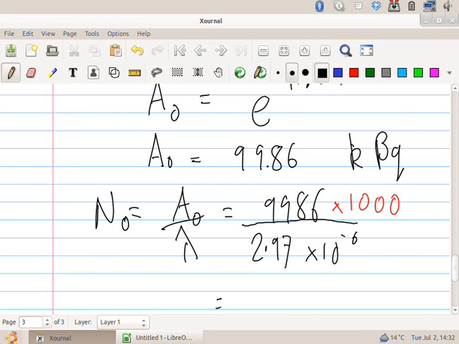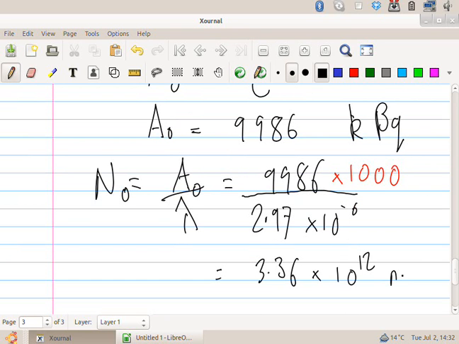That's pretty big actually. Anyway, can you calculate this for me, please? 3.36 times 10 to the 12 nuclei or atoms. And here it says determine the time in hours. Oh, did he say hours?